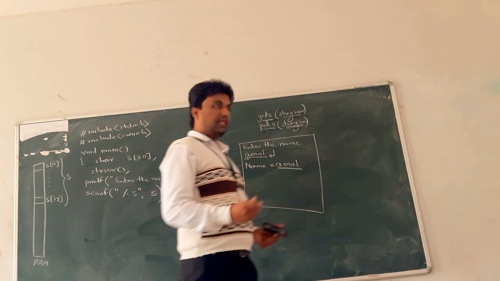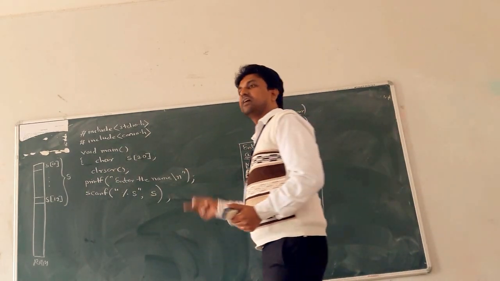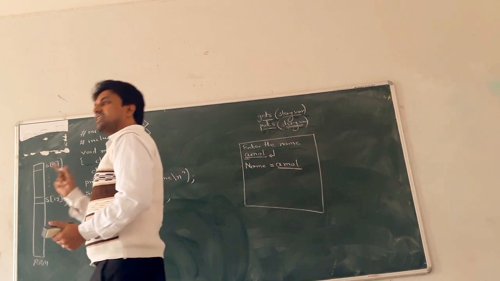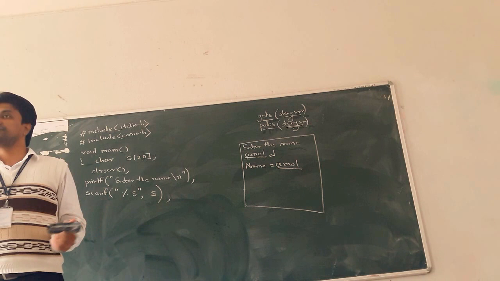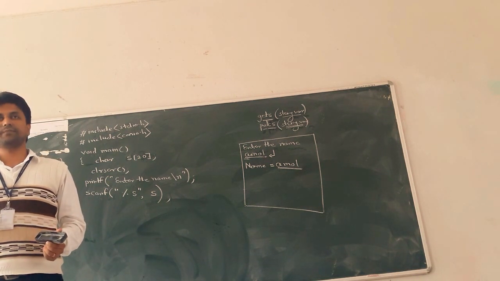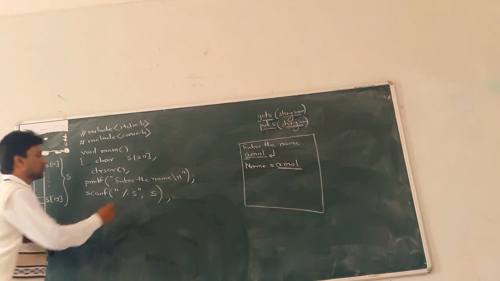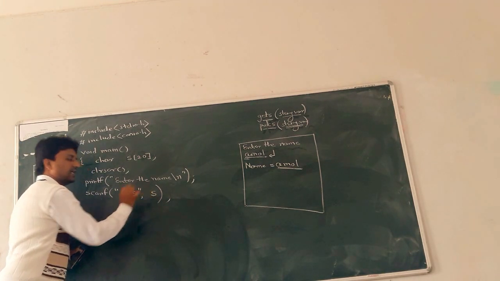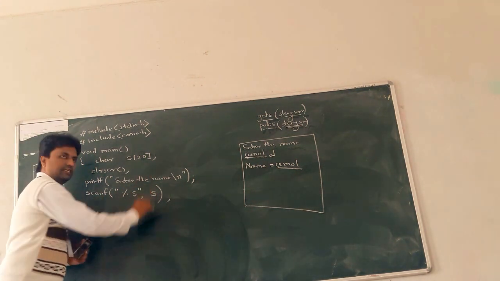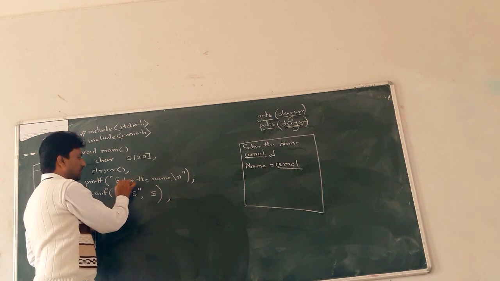But if it is double, float, long, integer, character, every time while scanning a single character, single integer, whatever it may be, except string, we have to use ampersand. Clear? Only that is the point. So, double quotes, %s, comma, s. Don't write ampersand here.